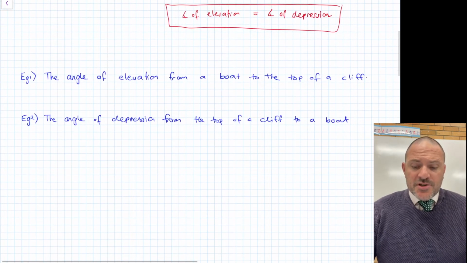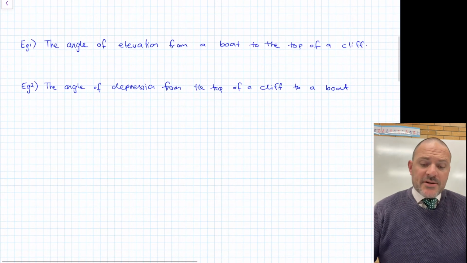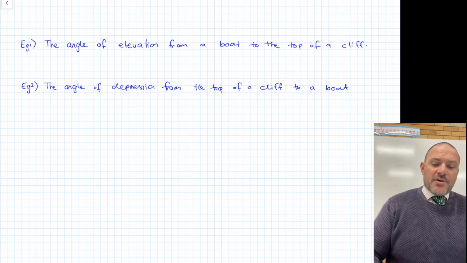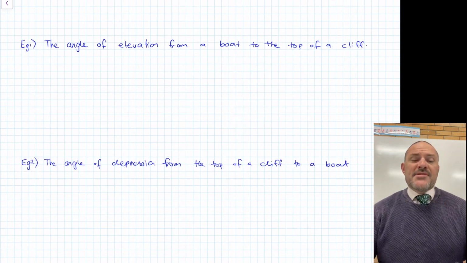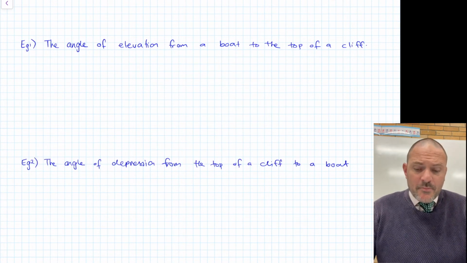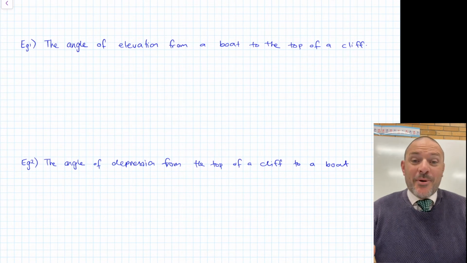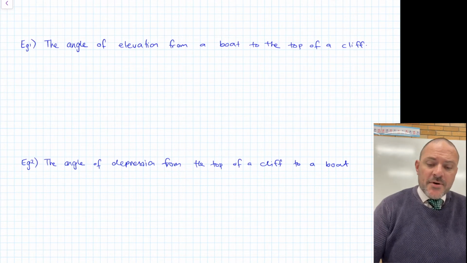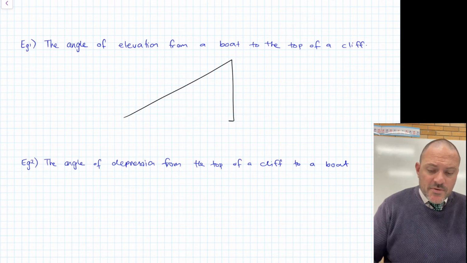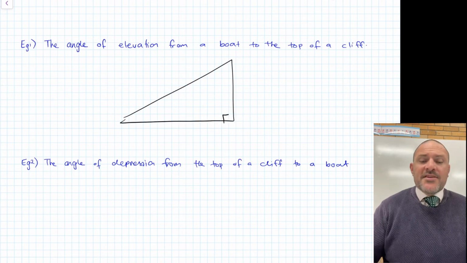Now, I'm just going to show you, before we look at some actual examples, two ways they can present that information. They like doing trees and they like doing boats and cliffs. Okay, lots of different ones, of course, but they're two really common ones. So this one talks about the angle of elevation from a boat to the top of a cliff. So any of these questions, all I'm interested in at the moment is a right angle triangle.